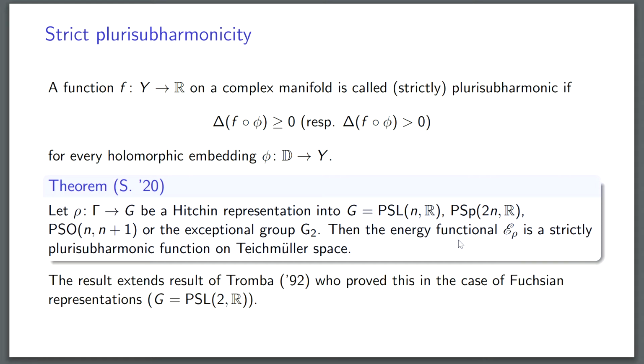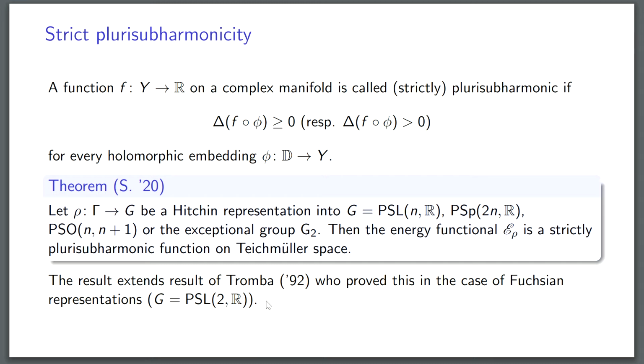And let me mention that this result extends previous results of Tromba. He considered a slightly different situation, namely the energy functional of harmonic maps between hyperbolic surfaces. But if you translate what he did into our notation, then he proved that the energy functional is strictly plurisubharmonic in the case of Fuchsian representations, i.e. Hitchin representations into PSL(2,R).